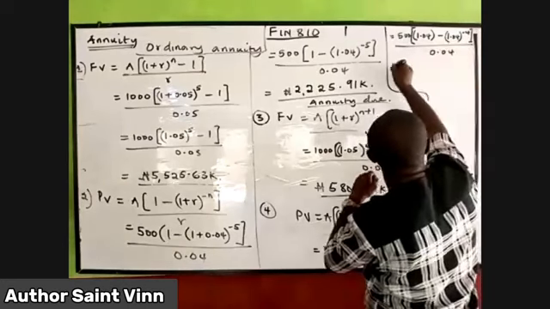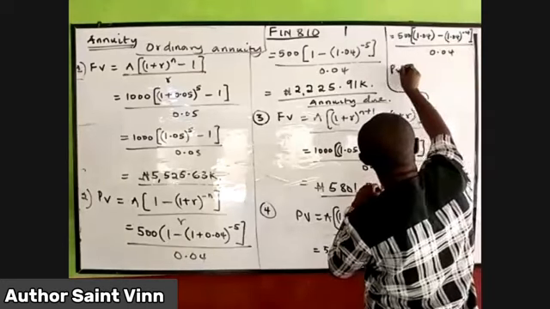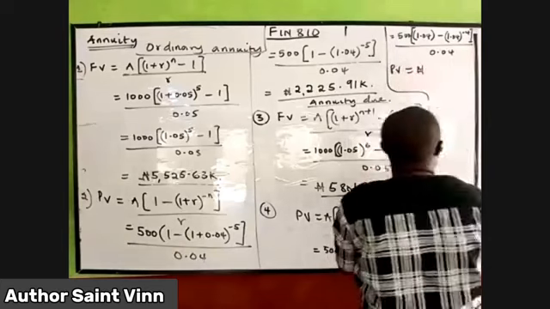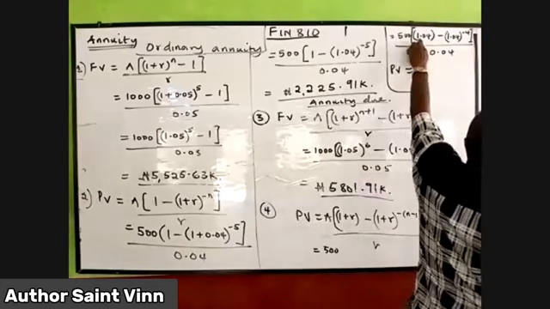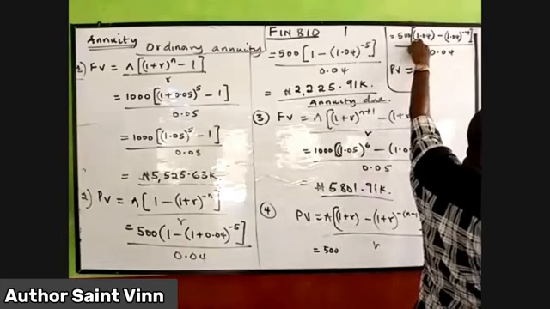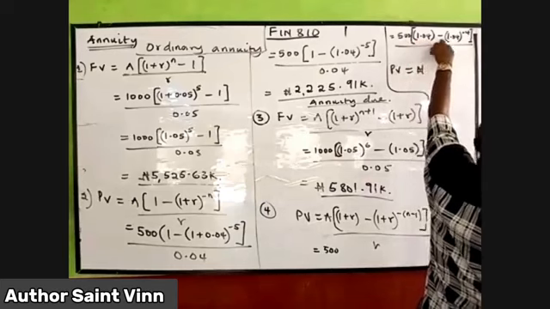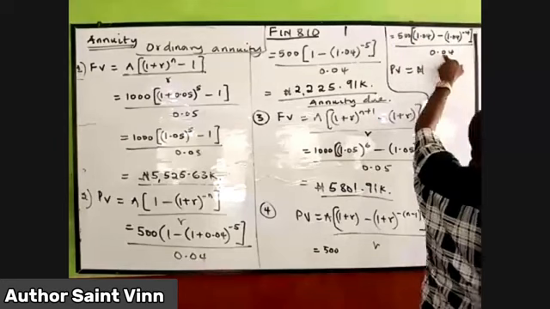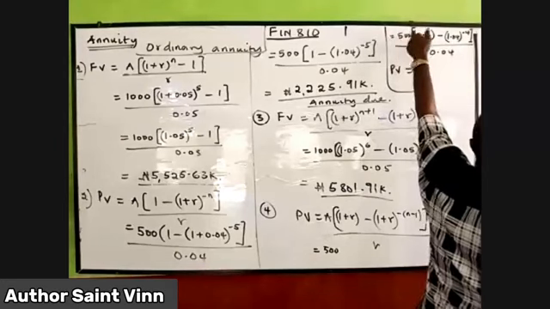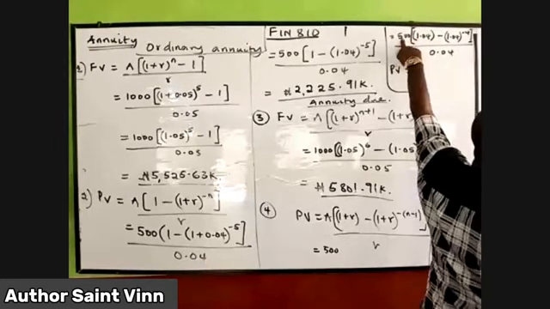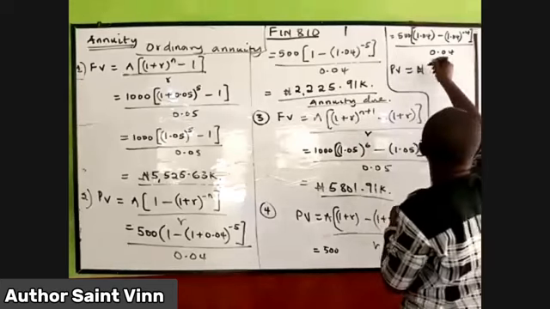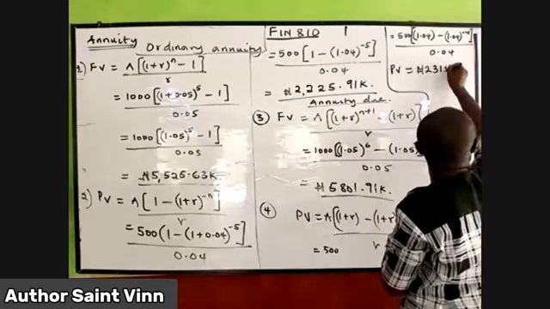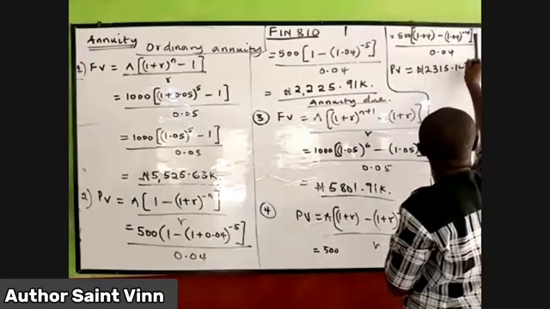So if you press your calculator very well, 1.04 minus 1.04 raised to power minus 5, you get the result. Divide by this. You get the same thing with 500 of it. 2315.14.